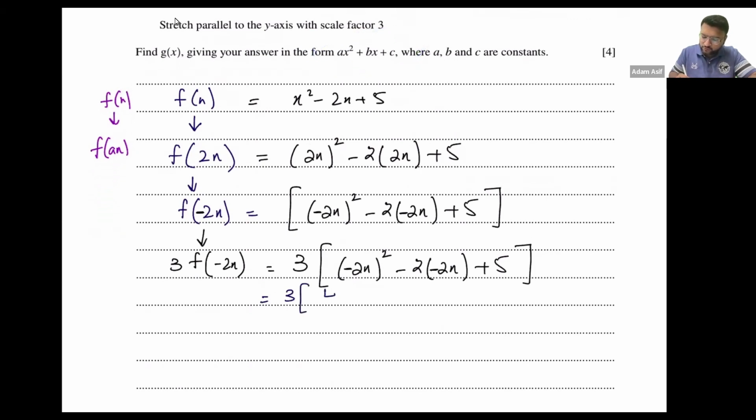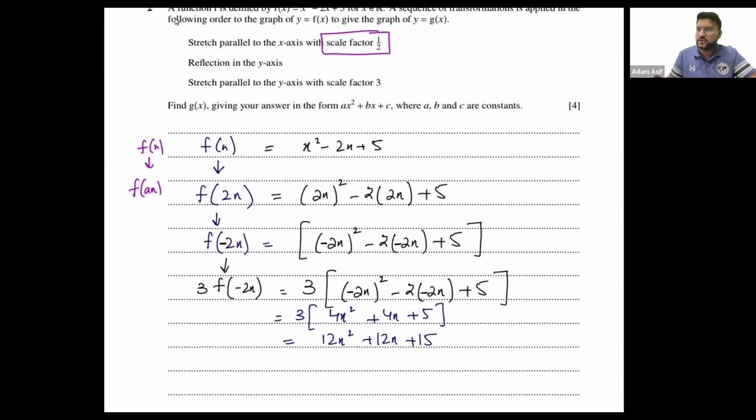That's going to be 4x square plus 4x plus 5. And then when you multiply it by 3, you get 12x square plus 12x plus 15. ठीक है?